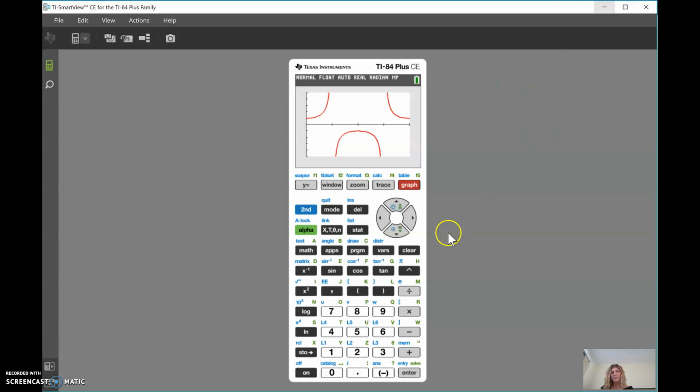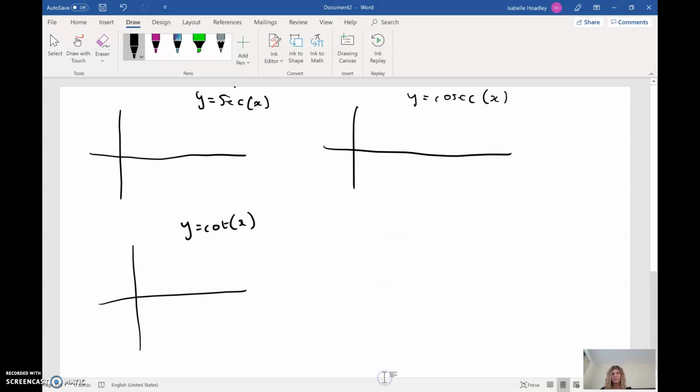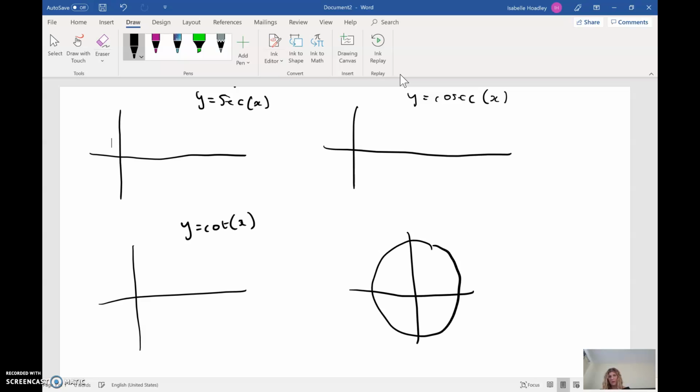Lovely. When we go back and think about our unit circle, which I'll just put down here, which we always need, again we're going to have 1, 0, 0, 1, -1, 0, and 0, -1.